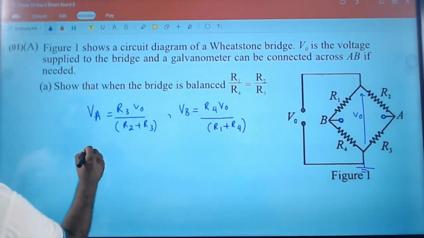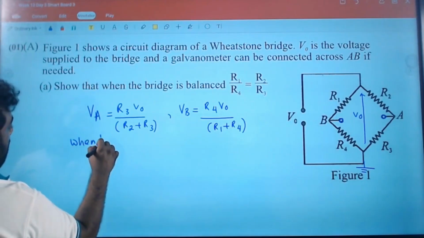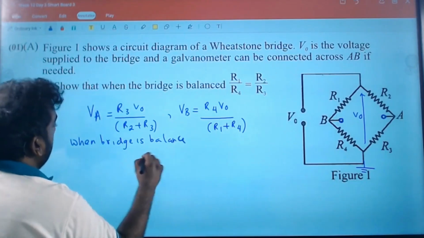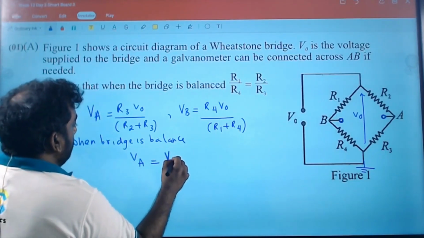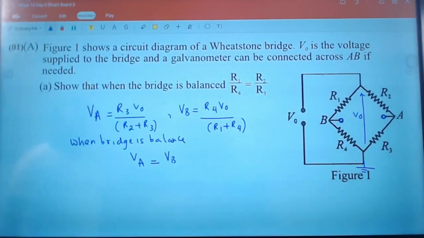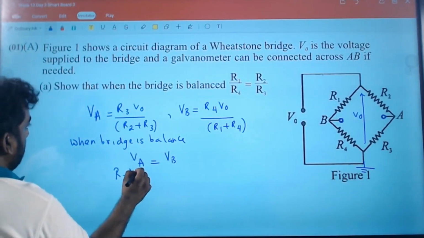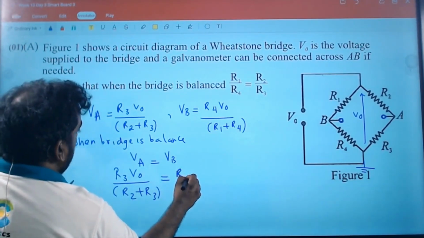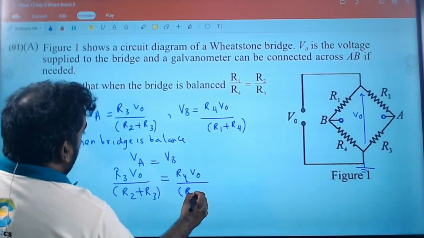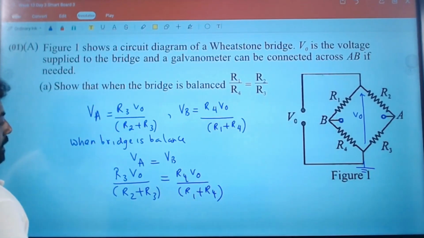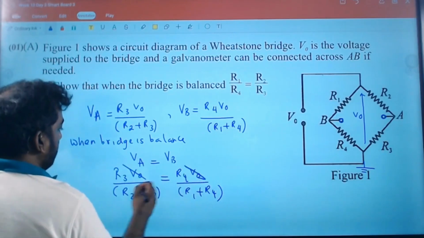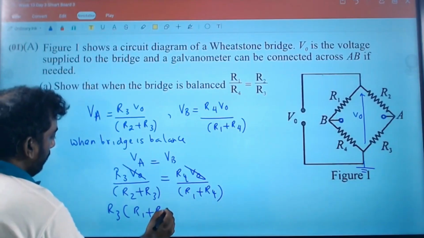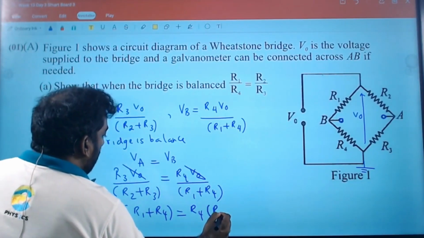When the bridge is balanced, VA equals VB. Simplify this. R3 V0 divided by R2 plus R3 equals R4 V0 divided by R1 plus R4. Simplify carefully. V0 cancels out. First multiply. R3 times R1 plus R4 equals R4 times R2 plus R3.